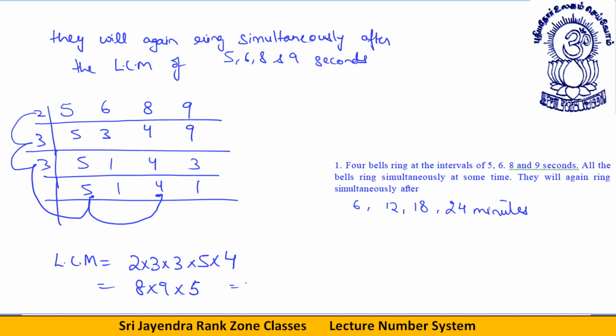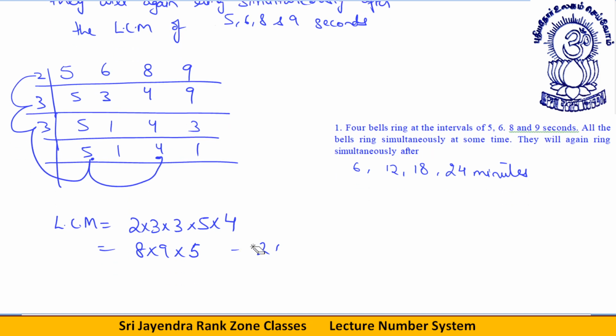What is 8 into 9? 72 into 5, that will be 360 seconds, or you can say 6 minutes. I'm sure it must be clear to all of you. Let's move ahead.